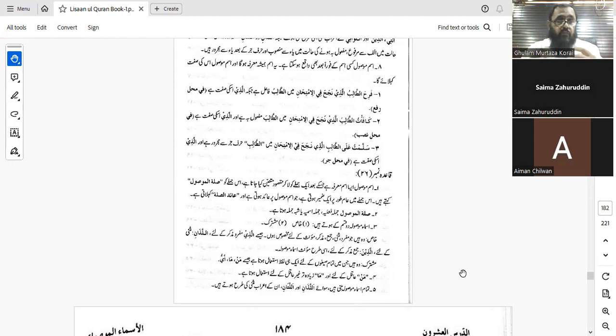Rabbil Alameen, mudaf, mudaf ilayh, first sifat. Ar-Rahman, that was the second sifat. Ar-Rahim, that is the third sifat. Is that clear? Yes, sir. Mawsuf with its different sifat becomes majroor. And jar with its majroor becomes shibul jumla, and that is al-khabar. Is that clear?